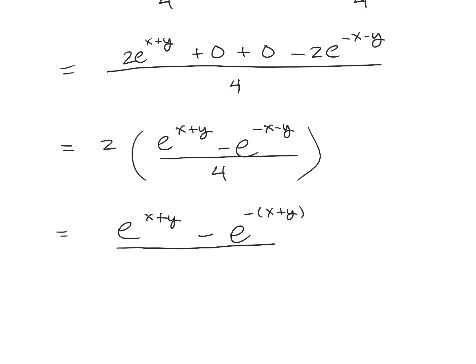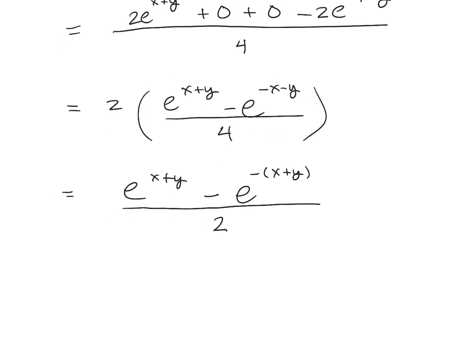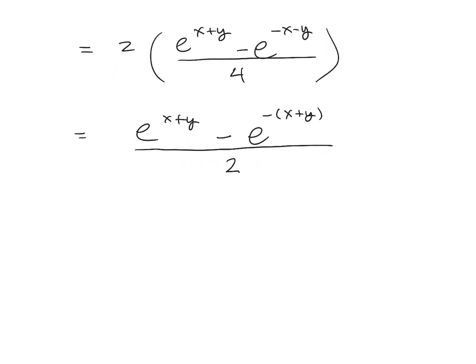And that 2 divided by 4 just leaves a 2 down below. And we should recognize that this is the definition of the hyperbolic sine function, but instead of having a single variable, it's got the sum x plus y. So this is equal to the hyperbolic sine of x plus y, which is exactly what we wanted to show.